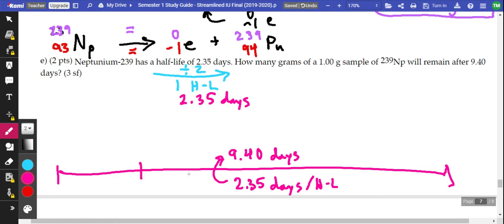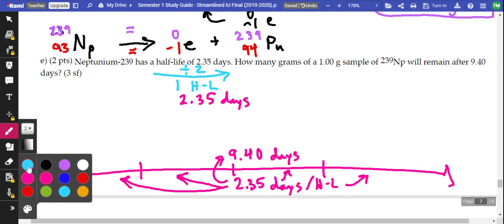So let's see if I can split this up correctly. 1, 2, 3, 4. That's kind of uneven, but that's close enough. Each one of these is going to be 2.35 days. And every time I go through another 2.35 days, I lose half of that radioactive material.